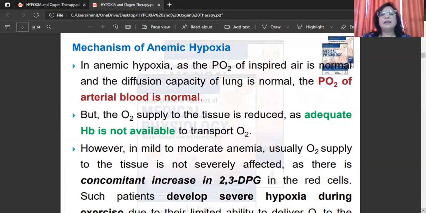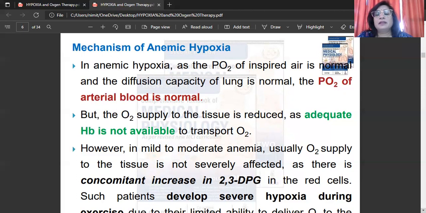What is the mechanism of anemic hypoxia? The PO2 of the inspired air is normal, that we have already seen. The partial pressure of oxygen is normal, and the diffusion capacity of the lung is also normal.